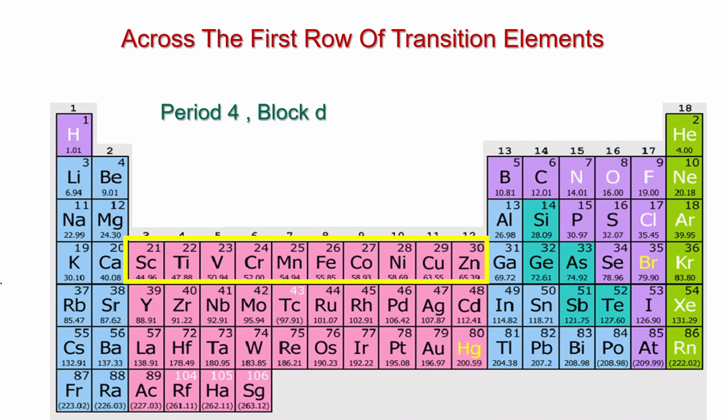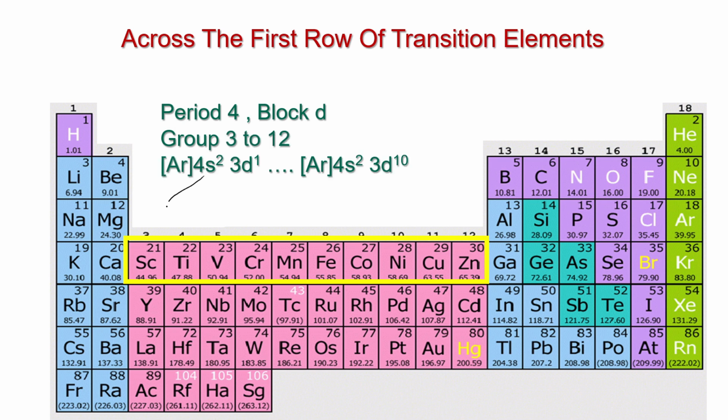All of these elements are in period 4 and block D. So the electronic configuration is from 4s2 3d1 refer to scandium until 4s2 3d10.